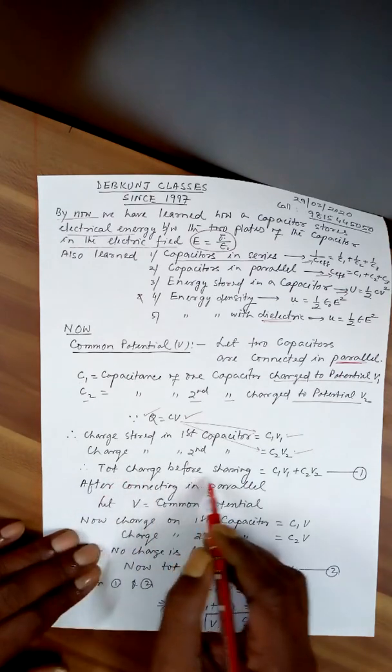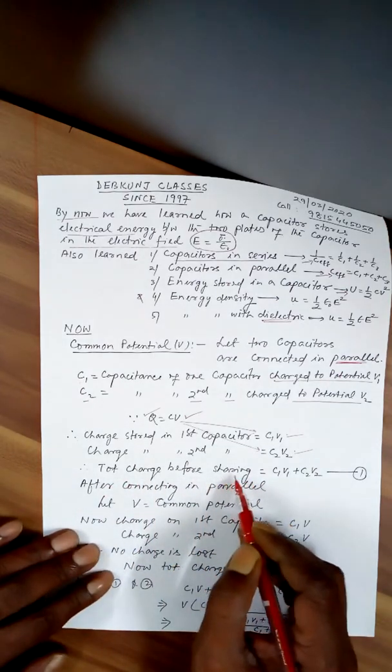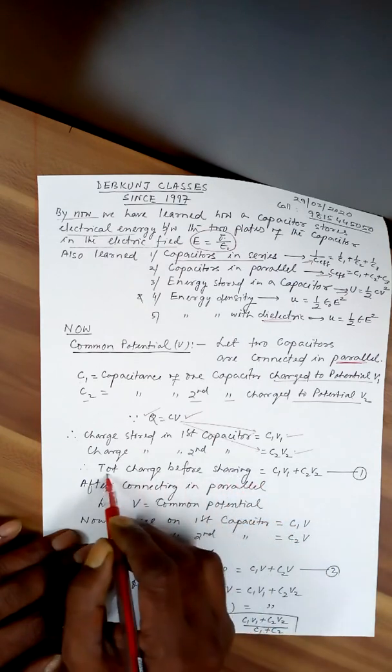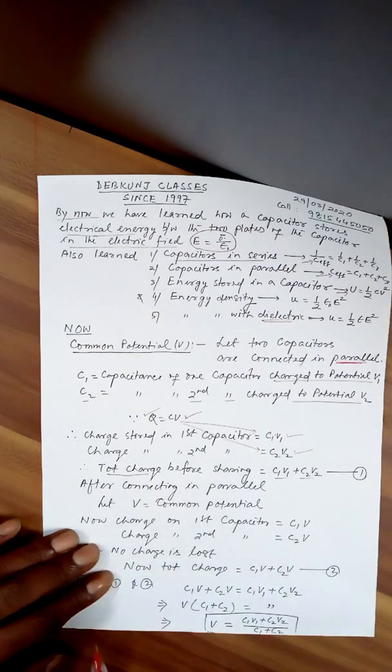So the total charge before they are connected in parallel, that is before sharing of charges takes place, is C1 V1 plus C2 V2.